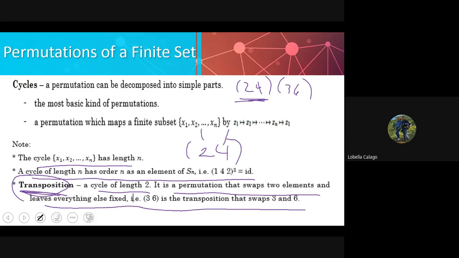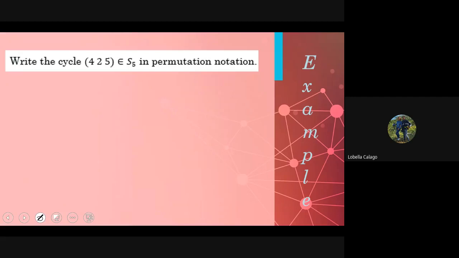Okay? A cycle of two elements, of length 2. Pwede din kasi ang cycles (2 4 1), (3 2 1), (3 4)... Ay, wala, may 4 pa pala. (1 3 5). Yan. May tatlong elements, okay? So later makikita natin kung anong itsura ni cycles. Okay, for example, write the cycle (4 2 5) which is an element of S5. Ibig sabihin may 5 elements po siya.